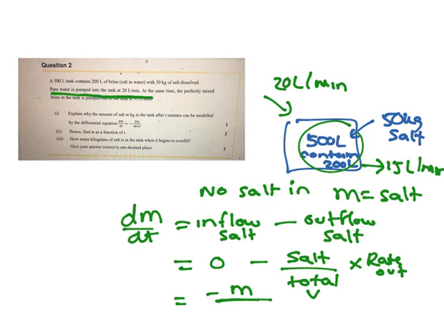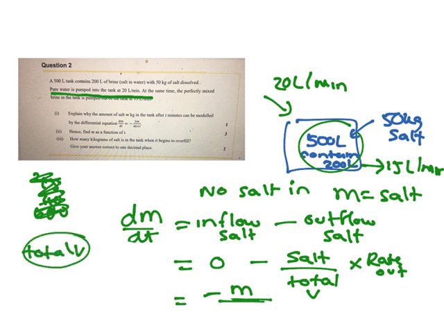Okay, so the key here is working out what the total volume is at any time. The water is changing. So at any given time, you have 200 litres of the brine in there. That's just your salt water.